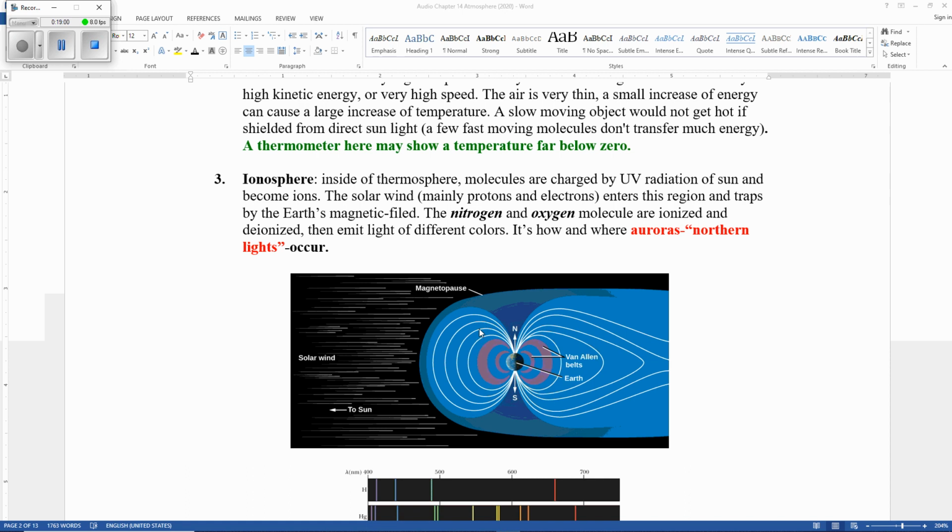So these particles are going to this area, because near the North Pole or South Pole, the magnetic field is stronger. Then these particles interact with the charged nitrogen and oxygen in the atmosphere. So they collide, interact with each other, and they're going to lose electrons and catch electrons.